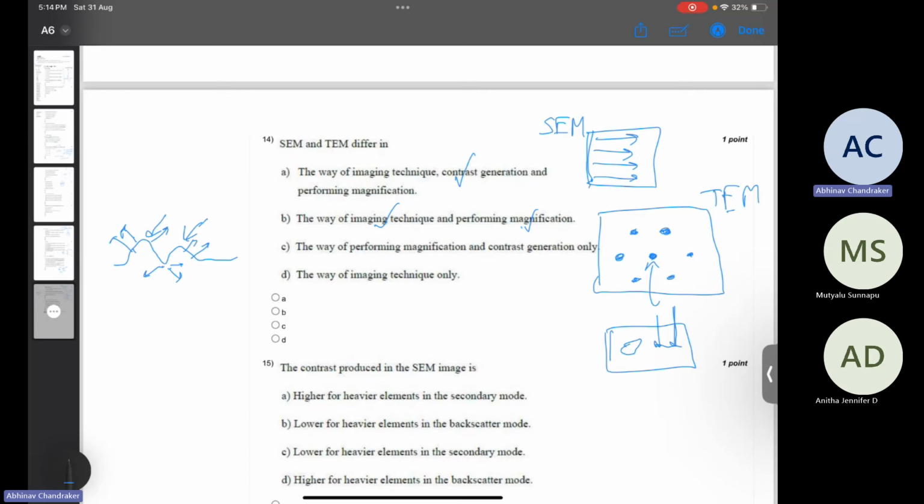The diffraction will occur at a different angle because of some strains at the defect area. So because of that defect in the material, you will have some contrast generation. So contrast is either due to the atomic number difference or defects in the case of TEM. In SEM, it is due to the surface related characteristics.